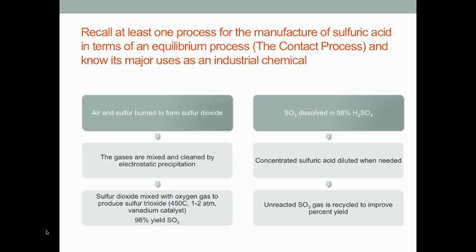We can then take this concentrated sulfuric acid and dilute it as needed. And any unreacted SO3 gas, sulfur trioxide, is recycled to improve the percent yield and to create more H2SO4. Again, the following video shows the contact process.